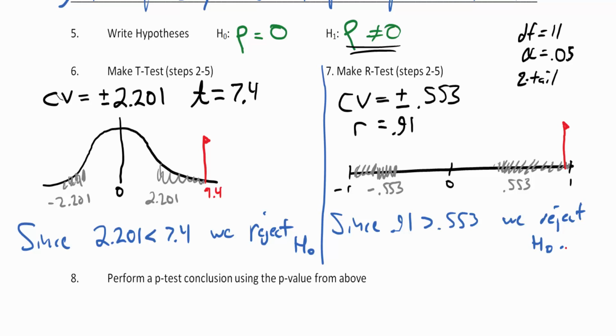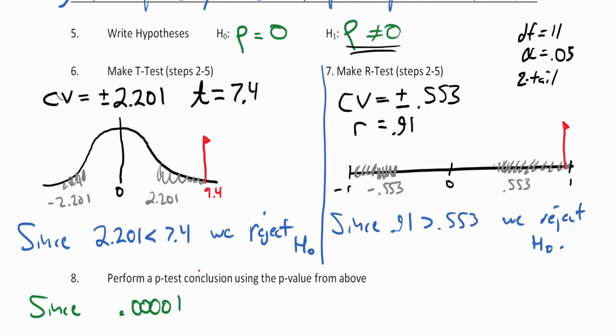All right. Now, you're thinking we're done, but we got one more step to do for this problem. We're going to perform a p-test. Conclusion using the p-value from above. That p-value is 0.4 zeros and a 1. How does that compare versus the alpha?